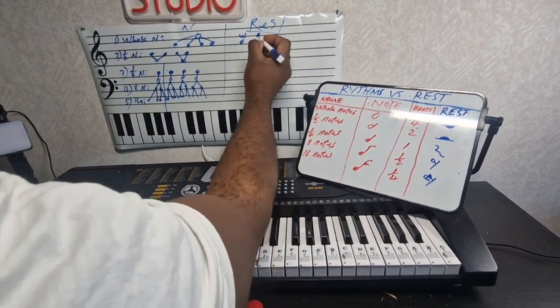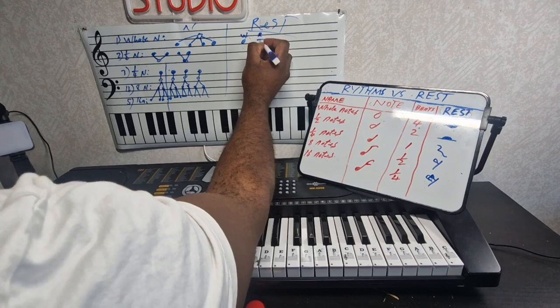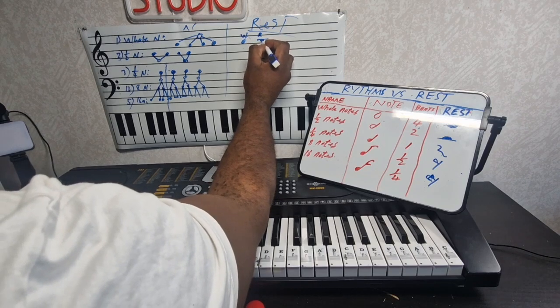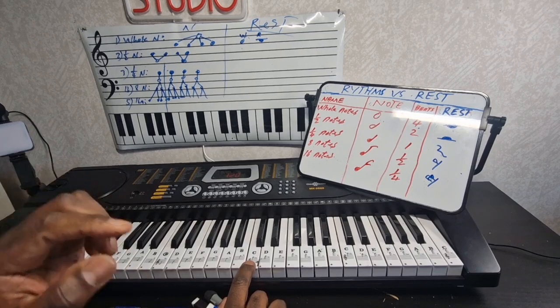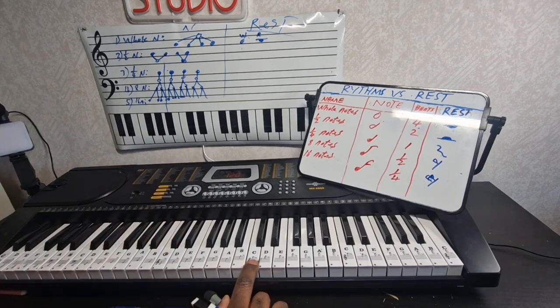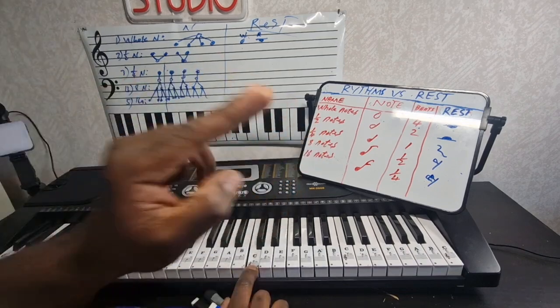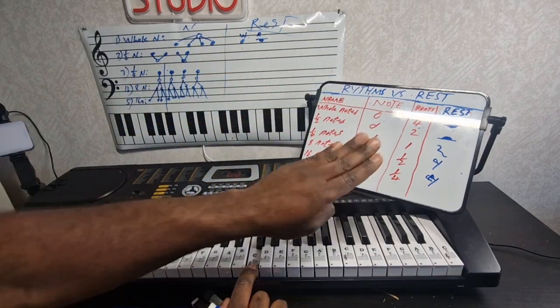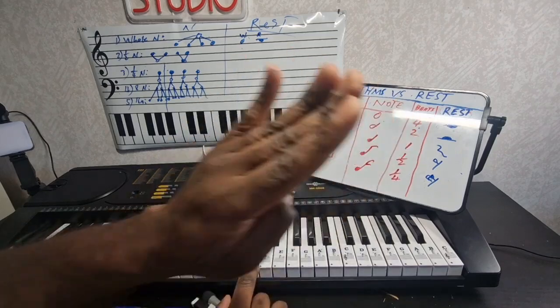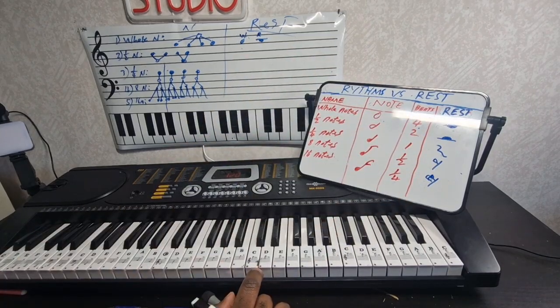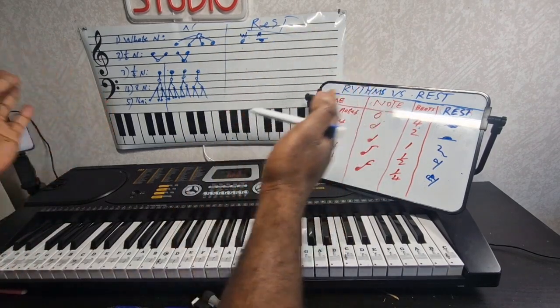Remember that this is the rest of a whole note. Okay? So let's try one more time. 1 whole note and then we rest 1 whole note rest. Okay? So 4. Rest. 4.